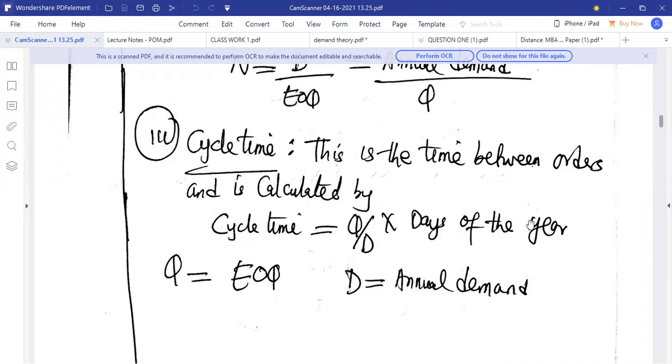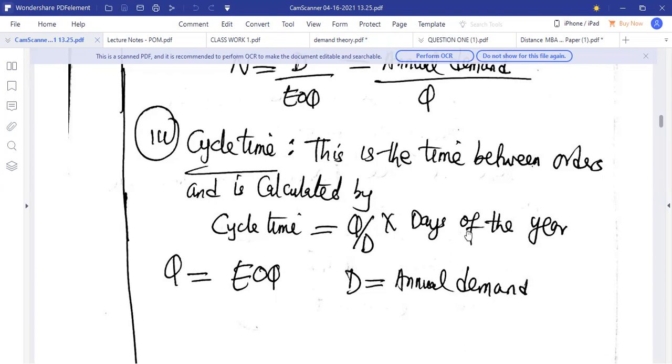For days of the year, you use 365. But sometimes they'll give you the days, for example 250 days, meaning other days, like weekends and holidays, they were not working. If they don't give you the number of days, you take 365 days.